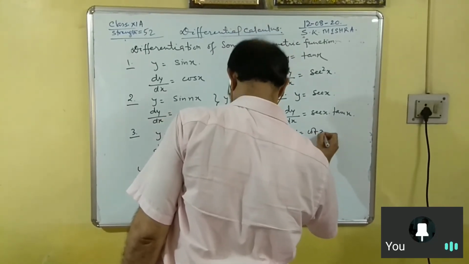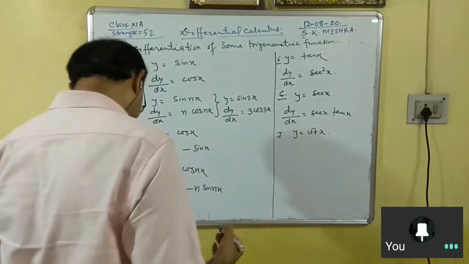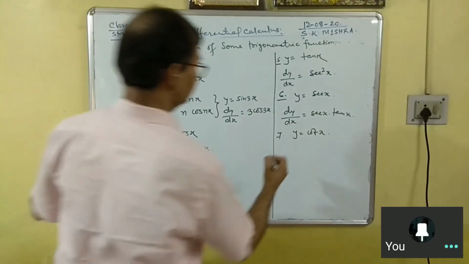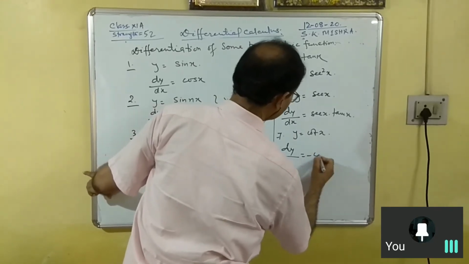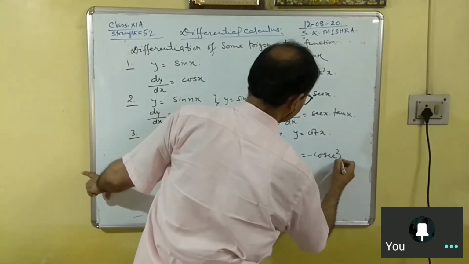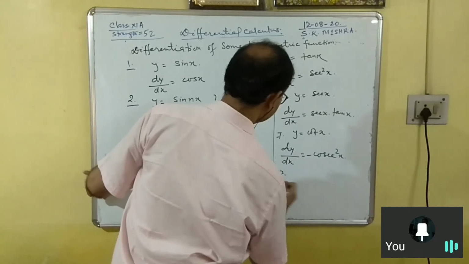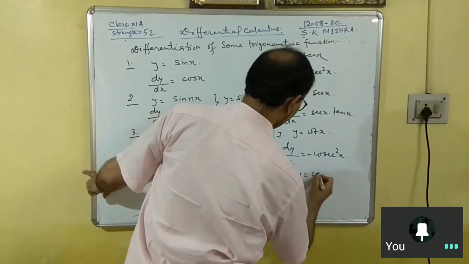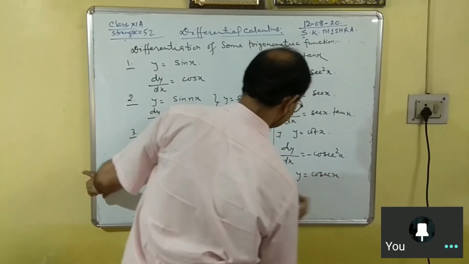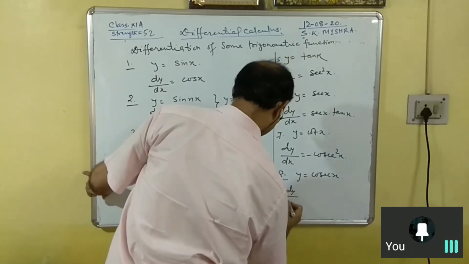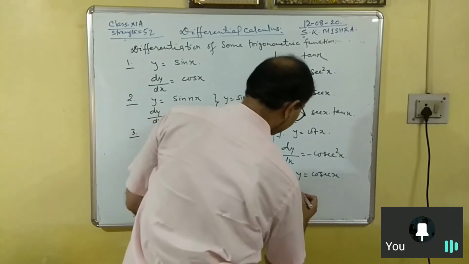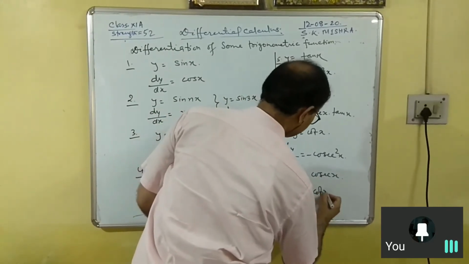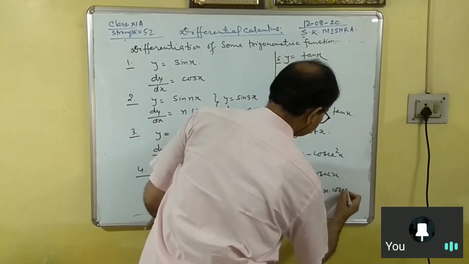And if y is equal to cot x, then dy by dx is minus cosec square x. And the last one is if y is equal to cosec x, then dy by dx is minus cot x into cosec x.